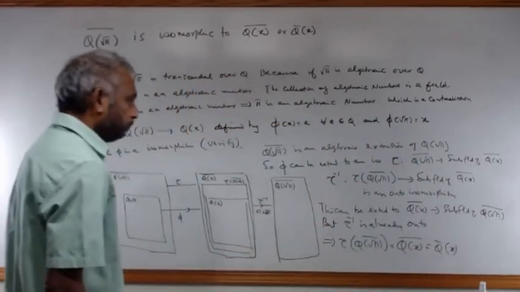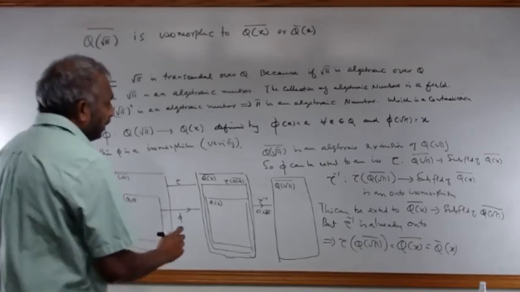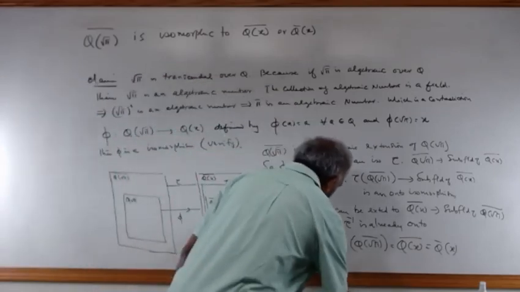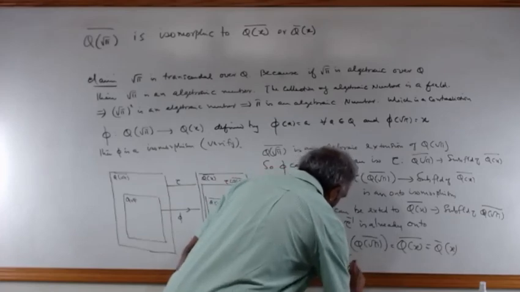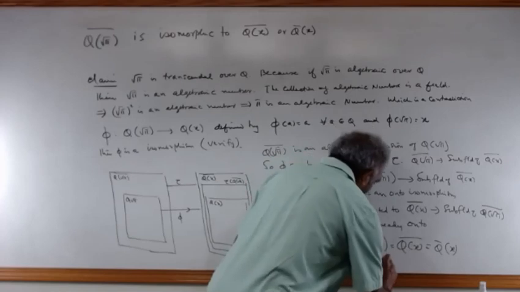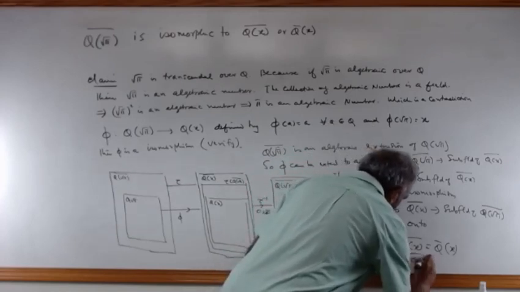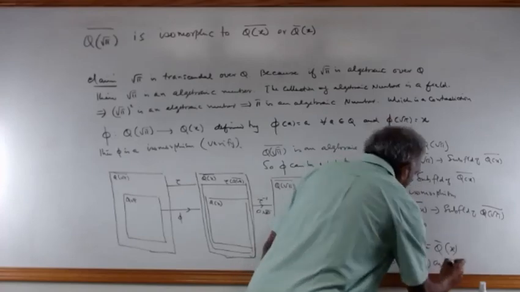Both are the same. So that is a proof of this. That means Q of root pi closure is isomorphic to Q of x closure.